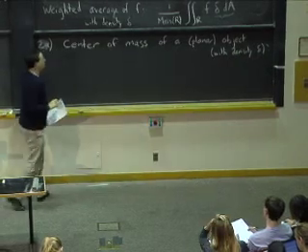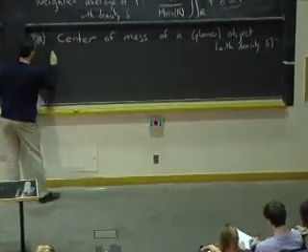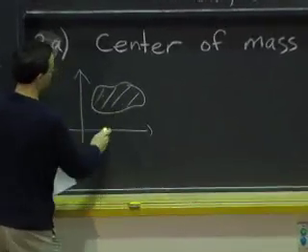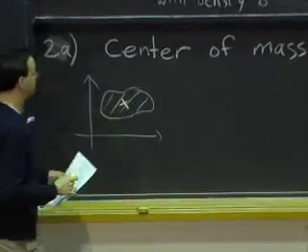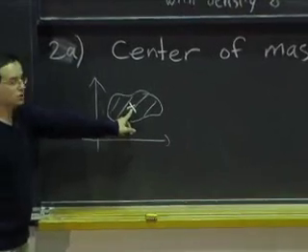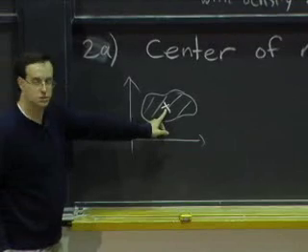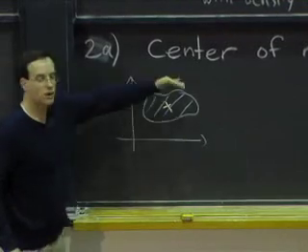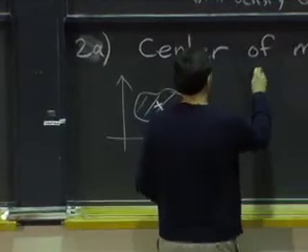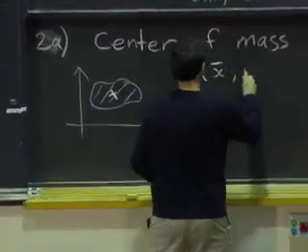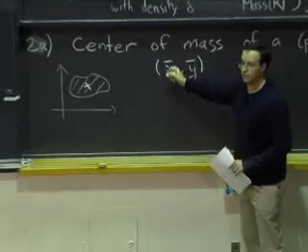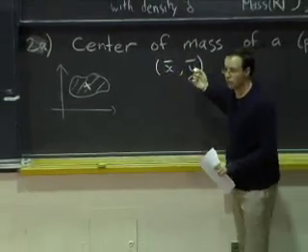Well, if you have your object in the xy plane, then the coordinates of its center of mass will just be the weighted averages of x and y on the solid. So the center of mass will be at a position that I will call x bar, y bar, and these are really just the average values of x and of y in the solid.